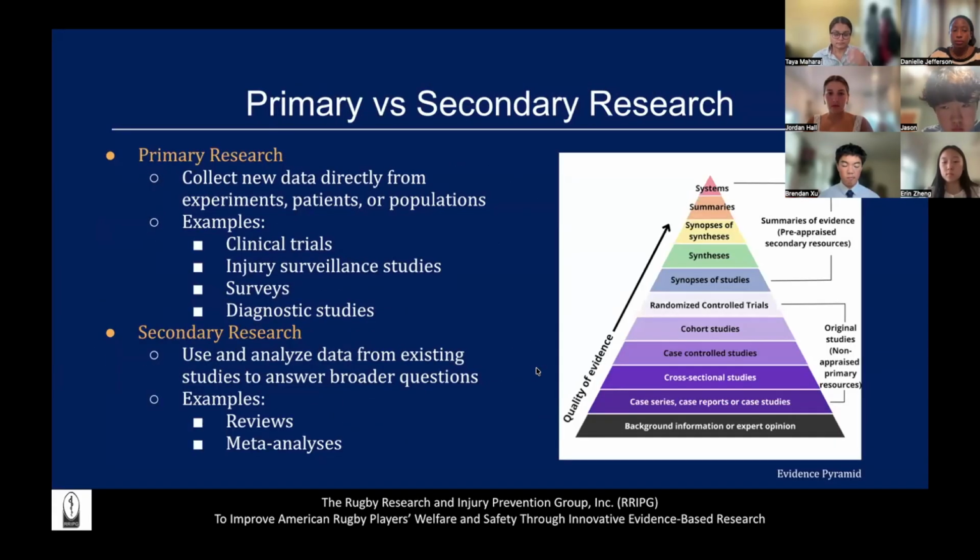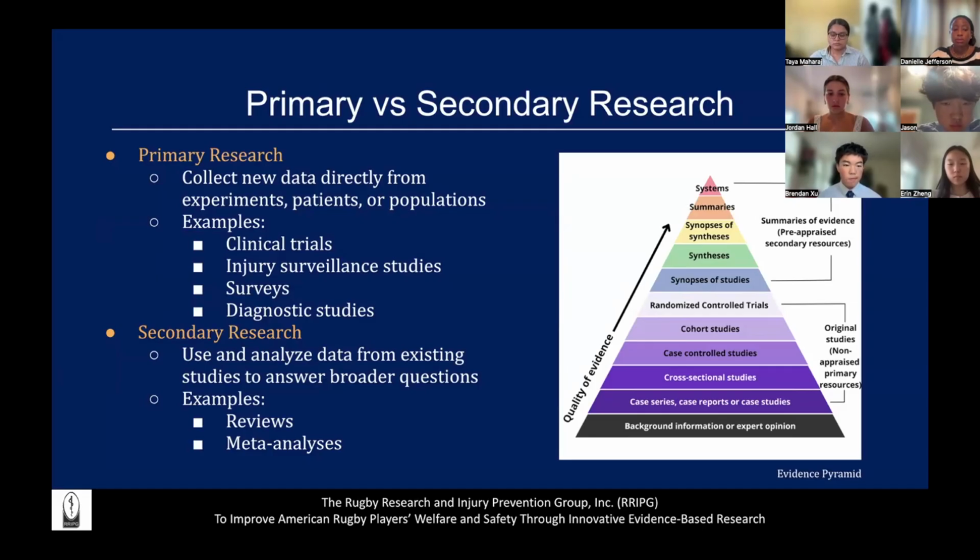If everyone sees here, this pyramid shows the quality of the evidence, obviously, but the more important thing, it really expands. This one's probably one of the larger evidence-based pyramids I've seen that really breaks down each of the levels of the studies that can be done.